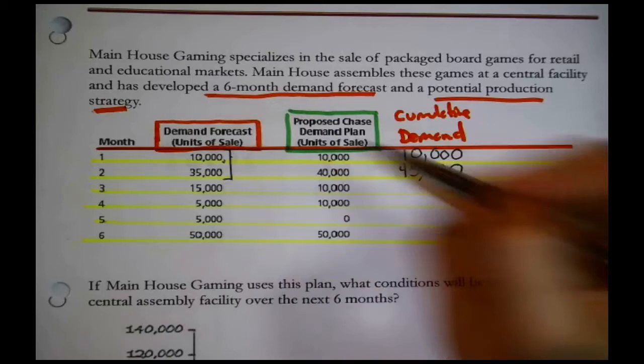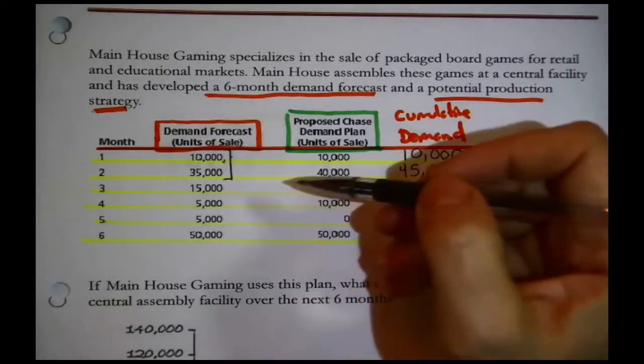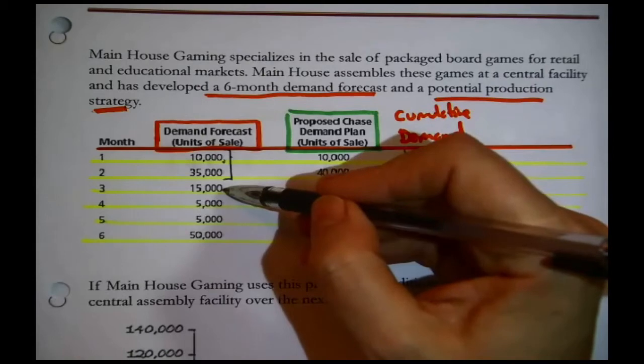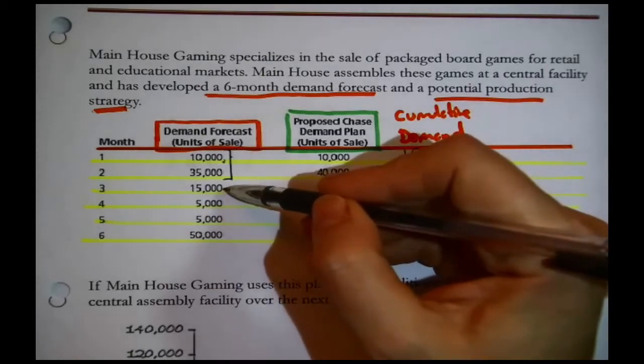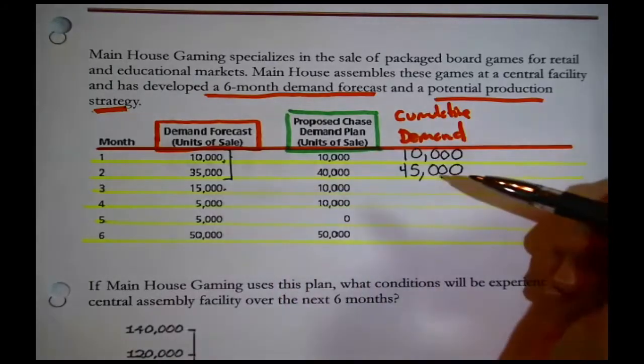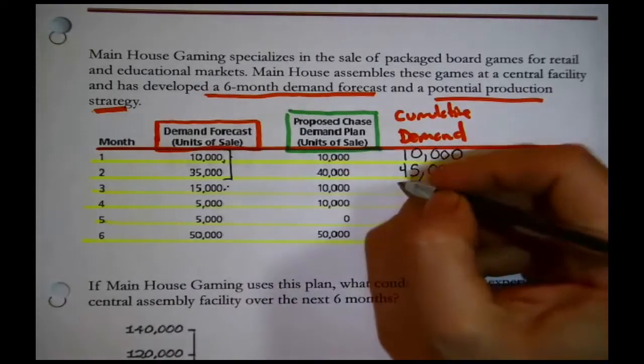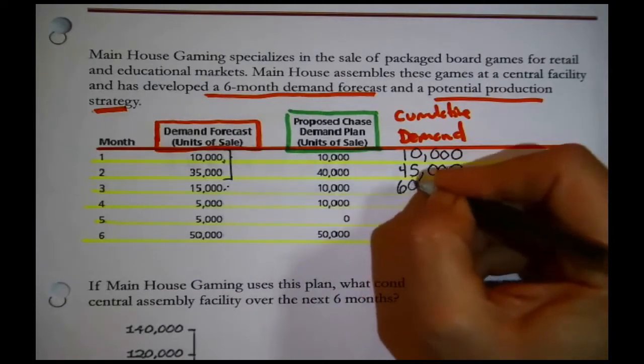This plus that, that's what this is. Now, during the next month, there'll be an additional 15,000 units of demand. That means by the end of that month, 45,000 plus the new 15,000 is 60,000.